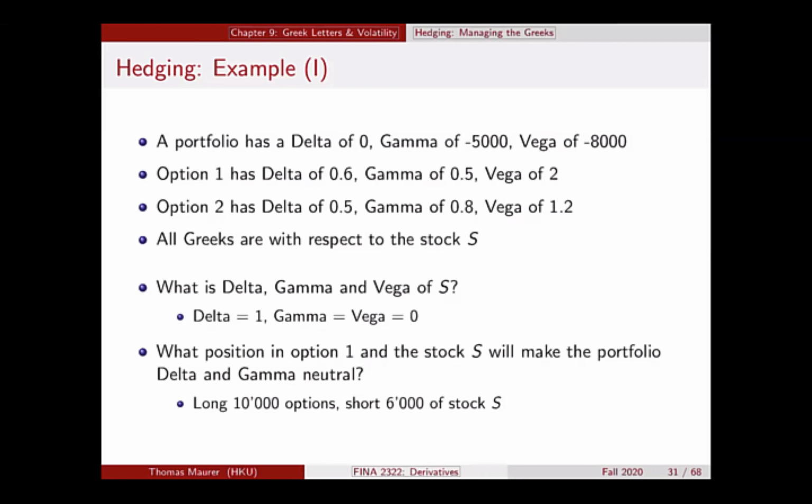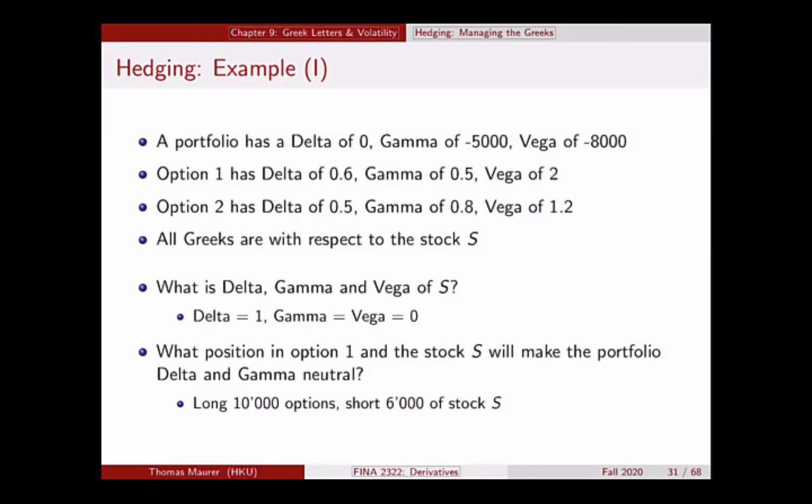All the Greek letters I have given here, delta, gamma and vega, are written with respect to some underlying stock S. If you want, you could think of this as the SPDR ETF, the ETF written on the S&P 500.